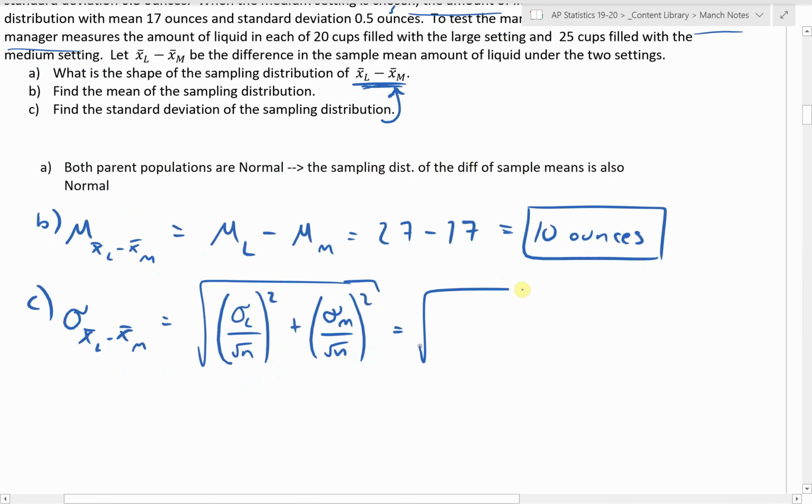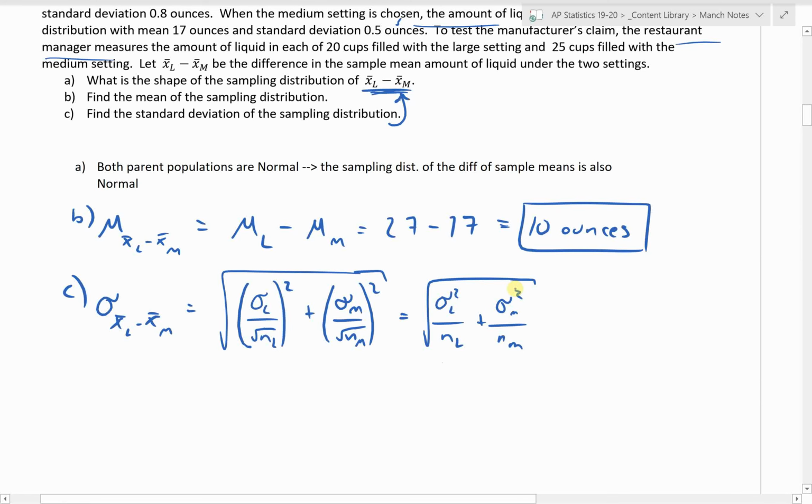Once we square this, we end up with sigma L squared over N, sorry, I should say N L, for the sample from the large cups, and N M. So then we end up with the square root of sigma L squared over N L plus sigma M squared over N M, right? And this is the formula as it was given on the previous page, so you can plug straight into that. That's the formula that's given on our reference sheet.